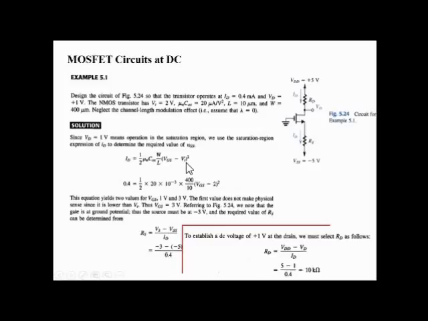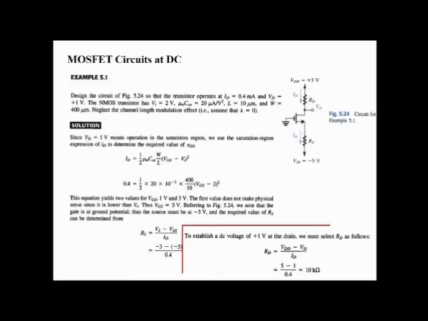Now this equation yields two values of VGS, 1 volt and 3 volt. The first value does not make physical sense since it is lower than the VT, and in case of the saturation region, VGS should be greater than the VT, so we will take VGS as 3 volt. Now we note that the gate is at ground potential, so the source must be at minus 3 volt, and the required value of RS can be determined with this formula: VS minus VSS equals RS times ID, we know it previously, so we can get RS from this equation.